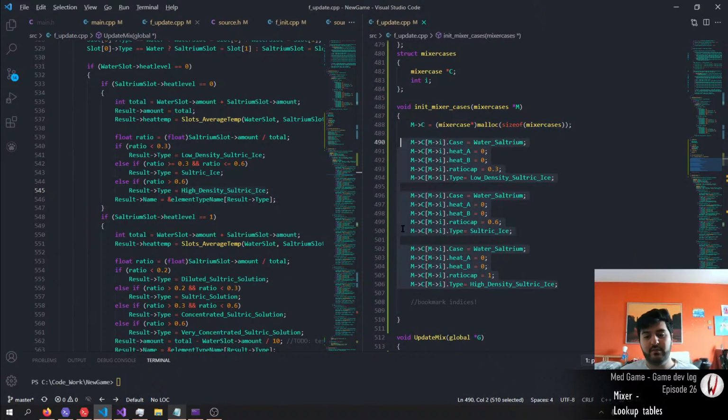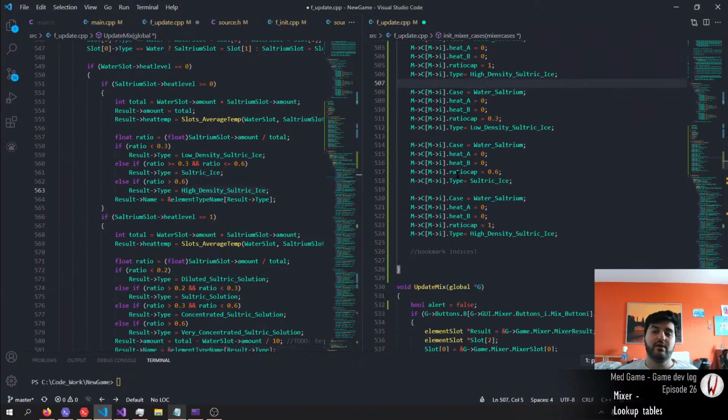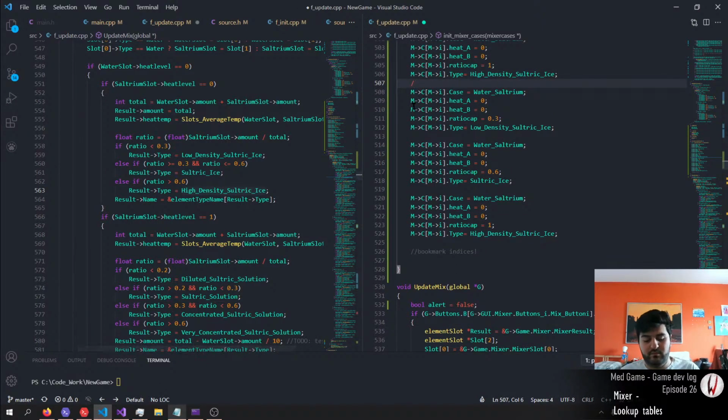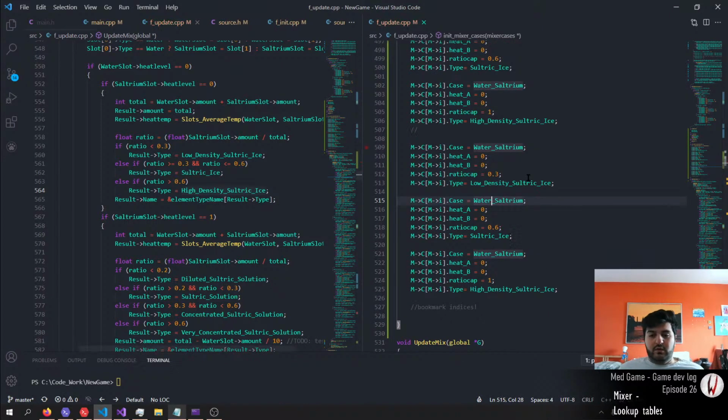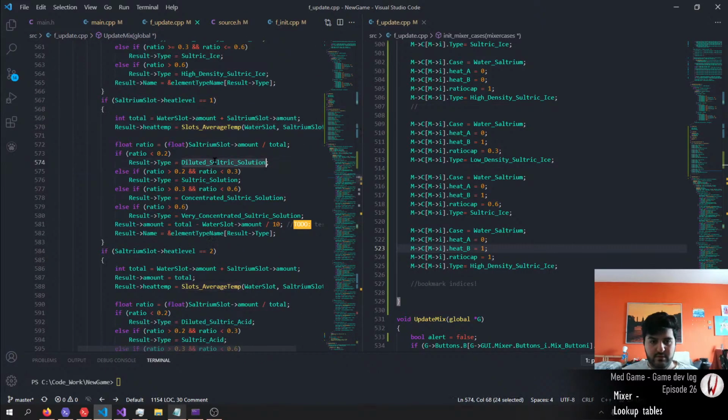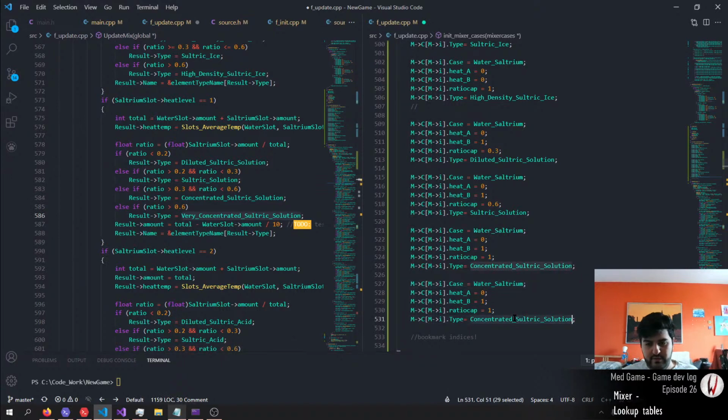Now let's make the same thing, but with sulfurium heat level 1, and it's gonna be this one, and diluted sulfuric acid, concentrated sulfuric solution, concentrated sulfuric solution, and we have, of course, a very concentrated sulfuric solution.